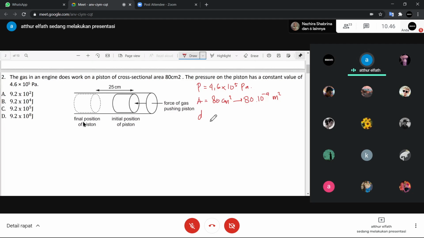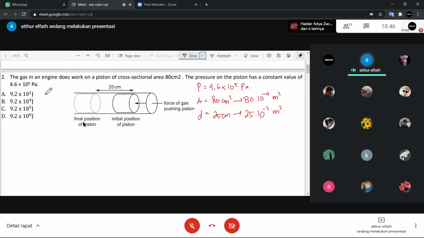The displacement or distance is 25 centimeter, and convert these units into meter: 25 times 10 minus 2 meter. So these questions ask for the pressure.